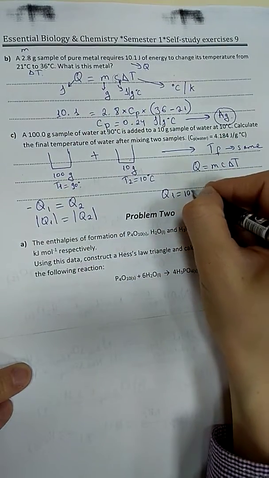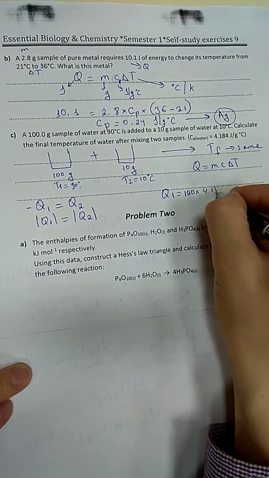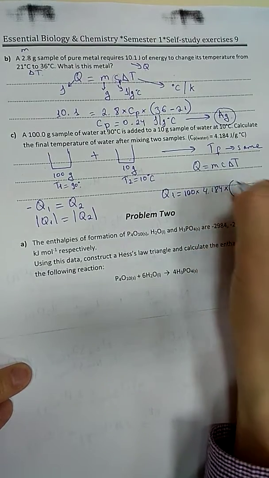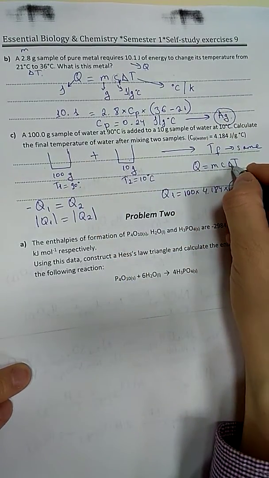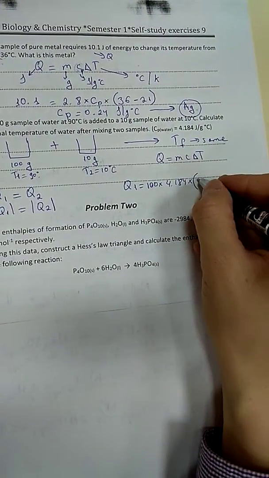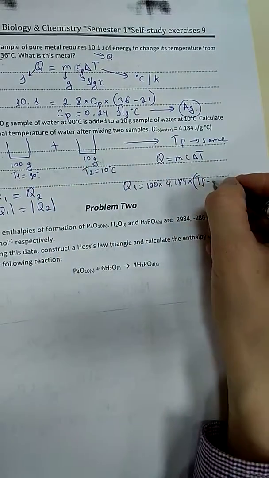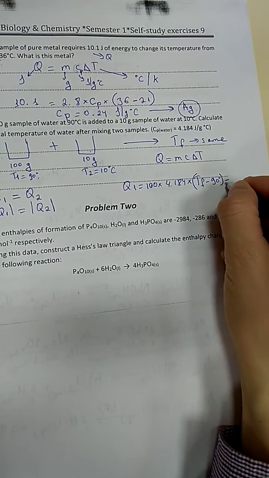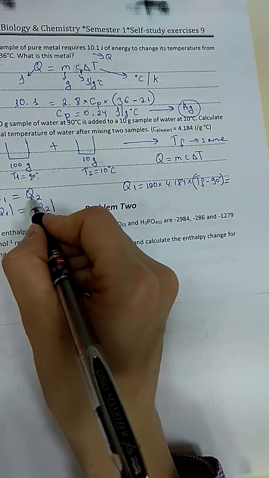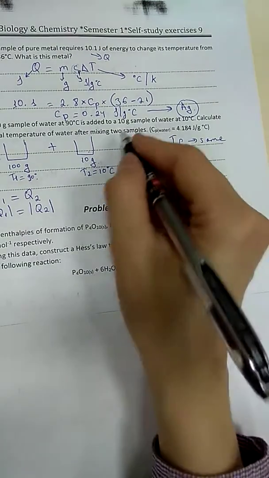So Q1 is 100 grams, mc delta T, heat capacity 4.18, times delta T. The question asks us to find the final temperature. Delta T is always final minus initial. So temperature final minus initial for the first sample, where 90 degrees is the initial temperature, should be equal in modulus to Q of the second sample of water, which is 10 grams.